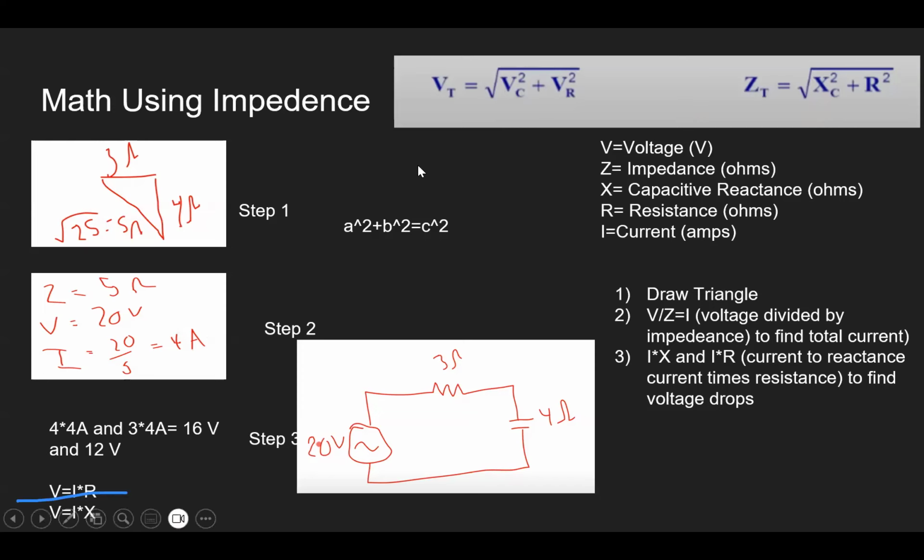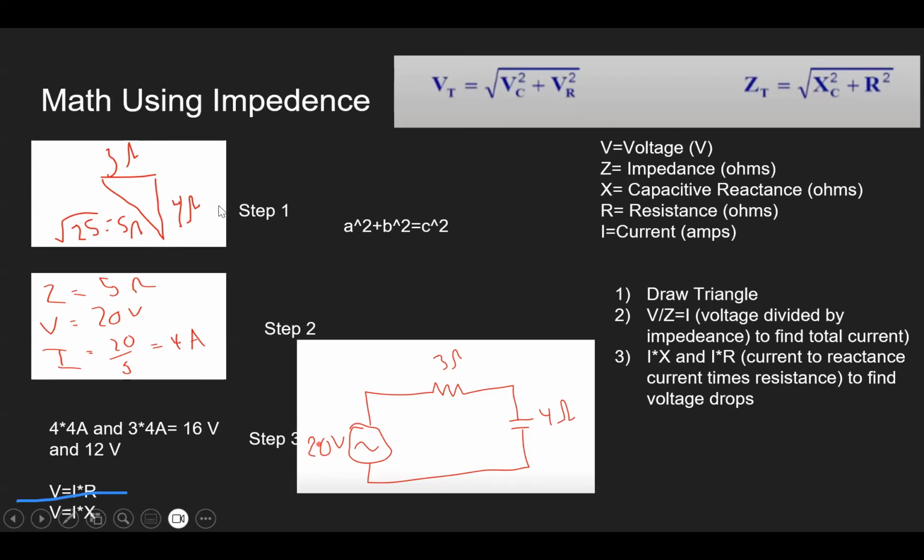For this problem, they gave you that the capacitive reactance and resistance were 3 and 4. They're both in ohms, because reactance is in ohms and resistance is in ohms, so we can combine them together. That's why in the videos Eddie draws the triangle and puts a 3 on one leg and a 4 on the other.